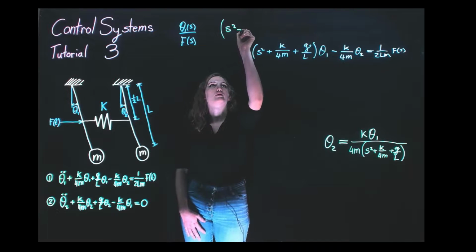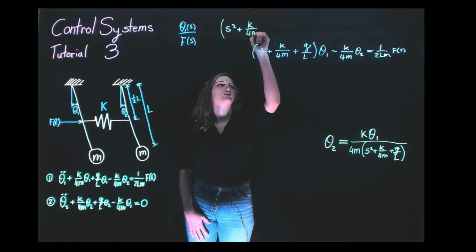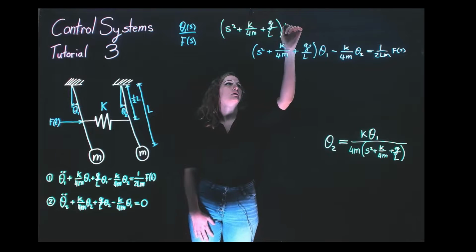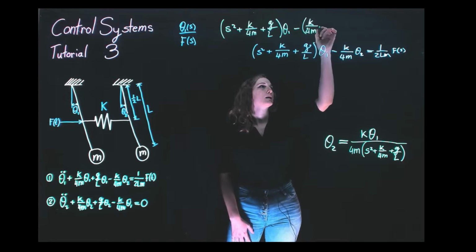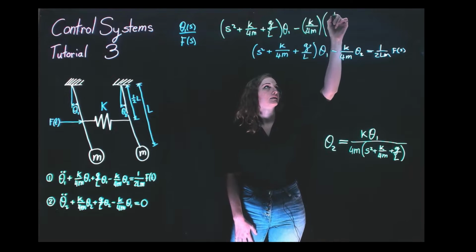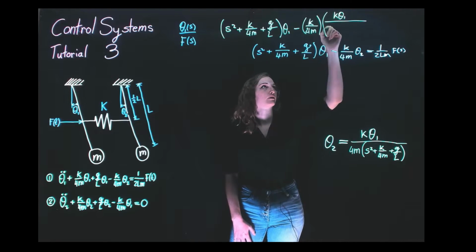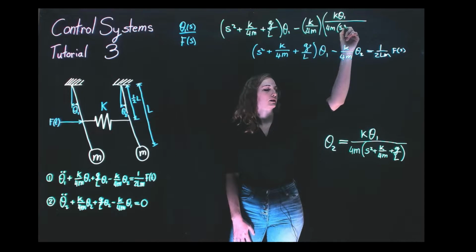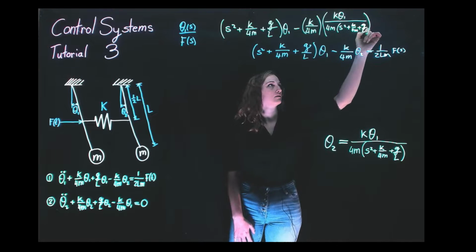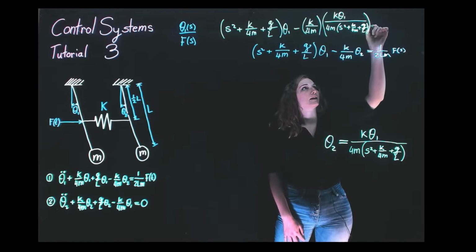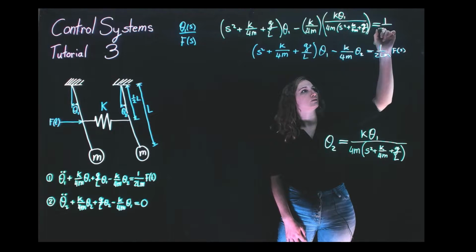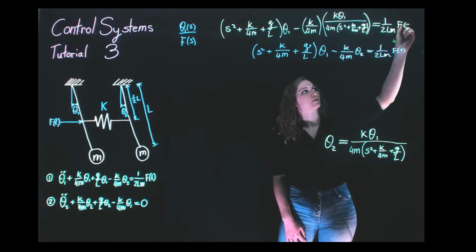First, we're just going to copy down the part that doesn't change. It's (g/L) θ1 − (k/4m) times (k θ1 / 4m) over (s² + k/4m + g/L), and that is equal to 1/(2lm) F(s).